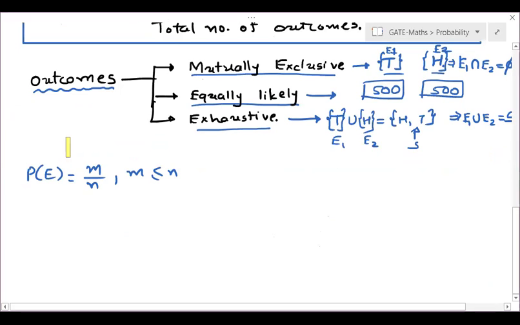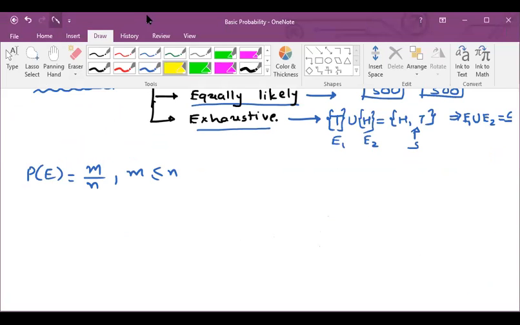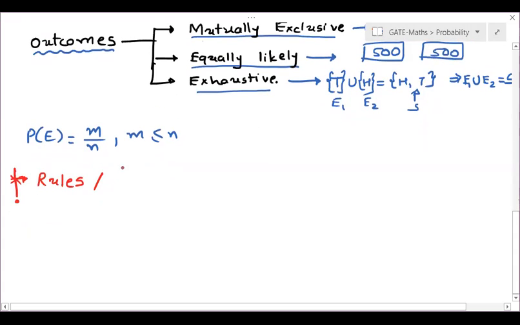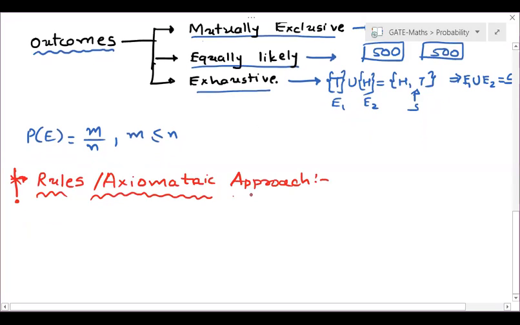Okay, so let us see a few rules of probability. These rules are also referred to as the axiomatic approach. Axiomatic means these are all axioms; we have to take them as given by default.